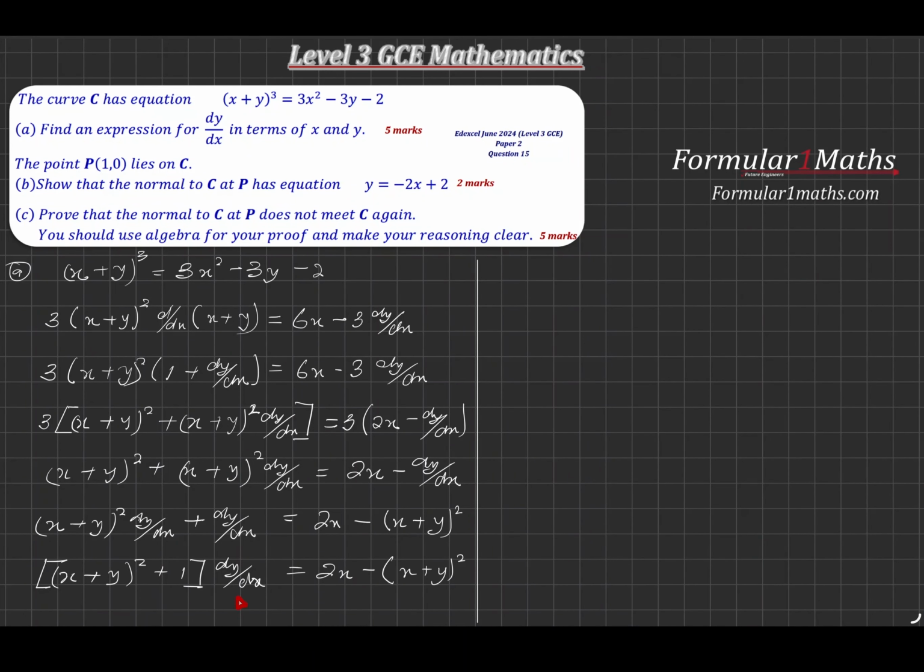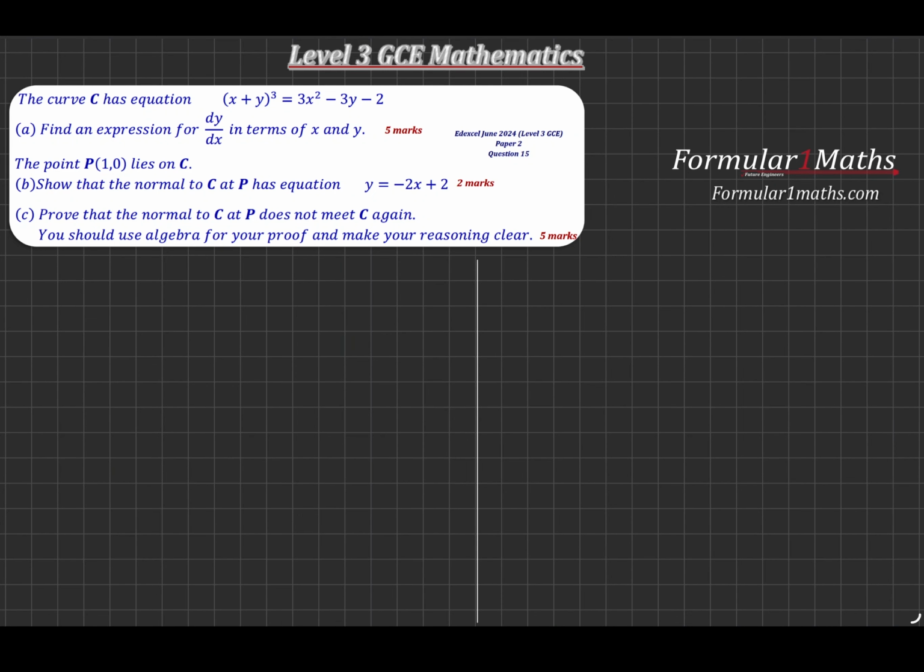I can now divide both sides of the equation by this coefficient of dy/dx to get dy/dx. So dy/dx is equal to (2x − (x + y)^2) divided by the coefficient of dy/dx, which is (x + y)^2 + 1. And that is the required answer for the A part of the question.